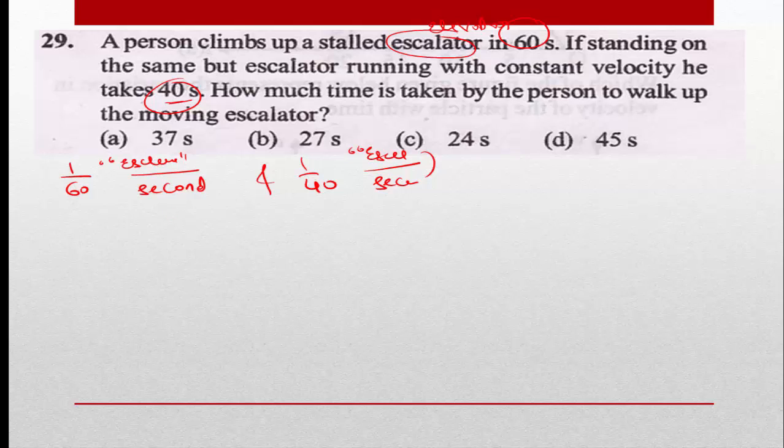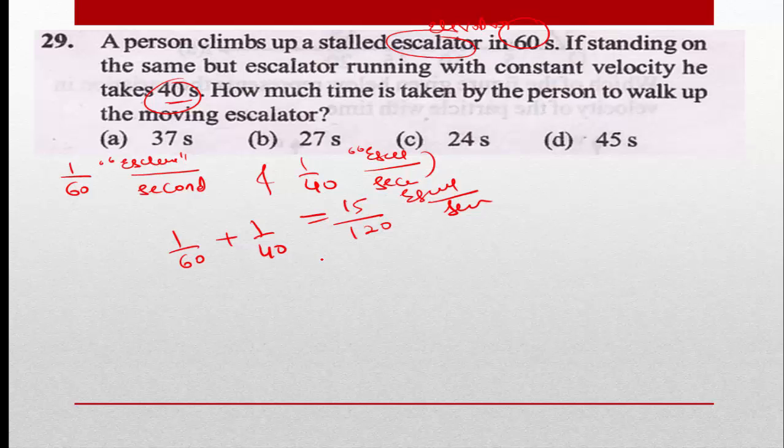But walking with the escalator going, the speeds add, that is 1 divided by 60 plus 1 divided by 40. Taking the LCM, 60 plus 40 is, sorry, 120 in the denominator, and we get the answer 5 divided by 120 escalator per second.